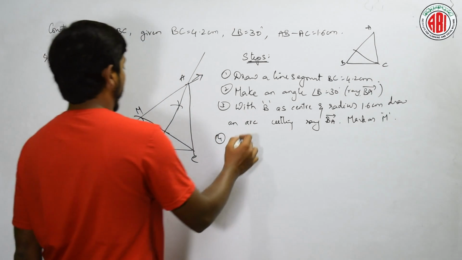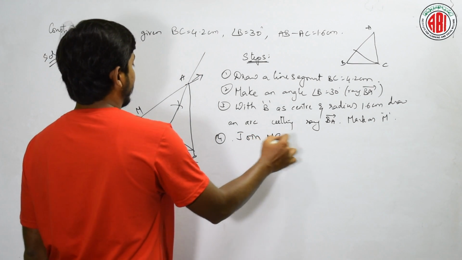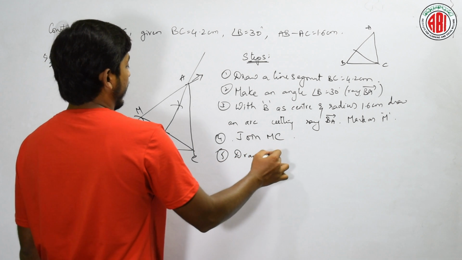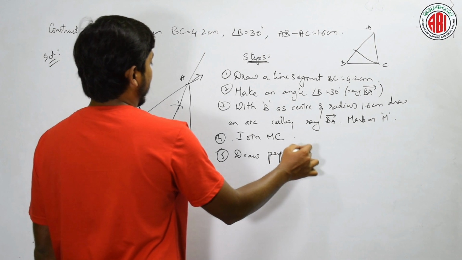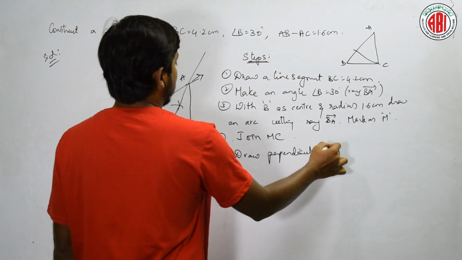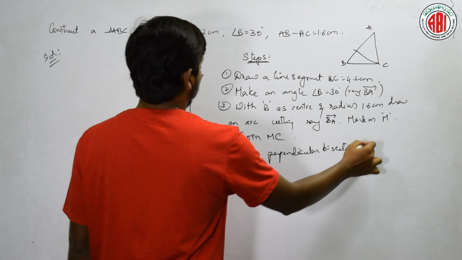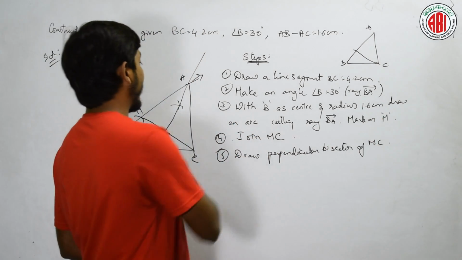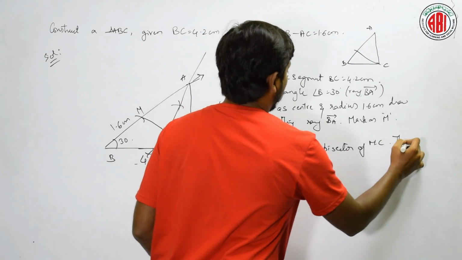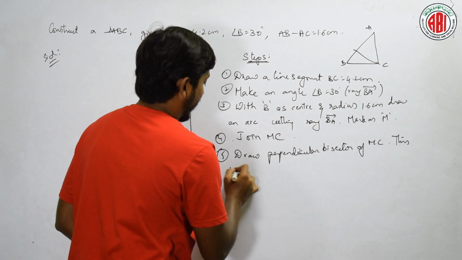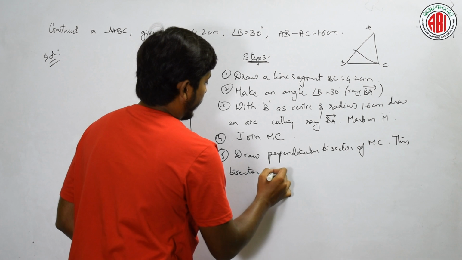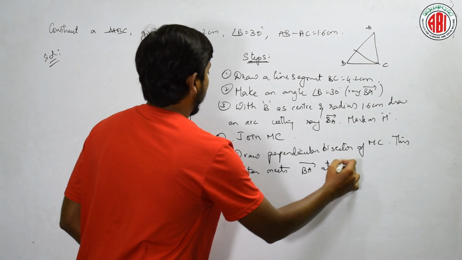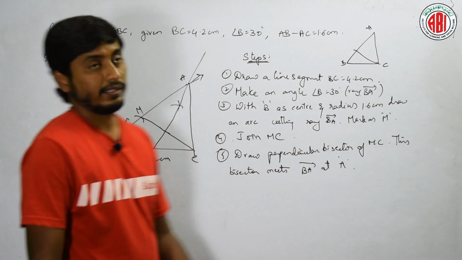Now join MC. The next step is draw perpendicular bisectors of MC. Is it right? Now the next step, what is it? This MC, this bisector meets BA at A. Okay.